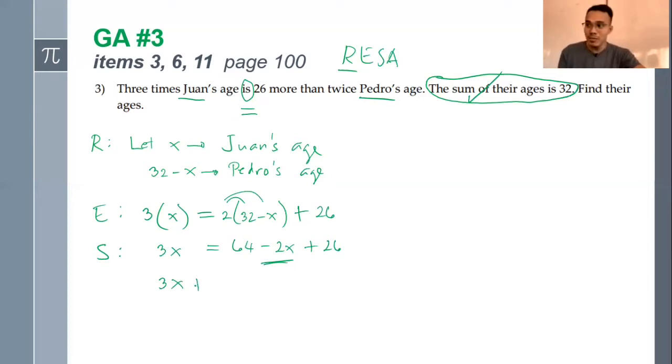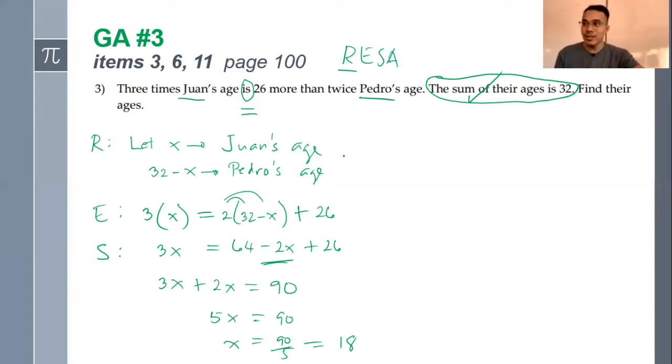That becomes positive 2x, and we can now combine 64 and 26. That will give you 90. Yeah, it's 90. 3x plus 2x is 5x equals 90. Therefore, x is 90 divided by 5, which is, what is 90 divided by 5? It's 18.